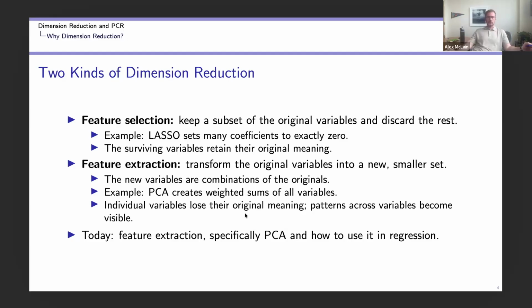The individual variables lose their original meaning. So these combinations don't have the original meaning, but some of the patterns we can view across them are going to help us with our modeling of the data. So that's what we'll talk about today when we go into principal component analysis.